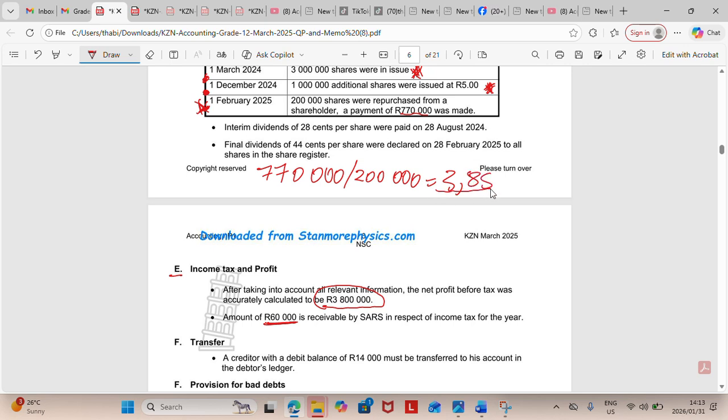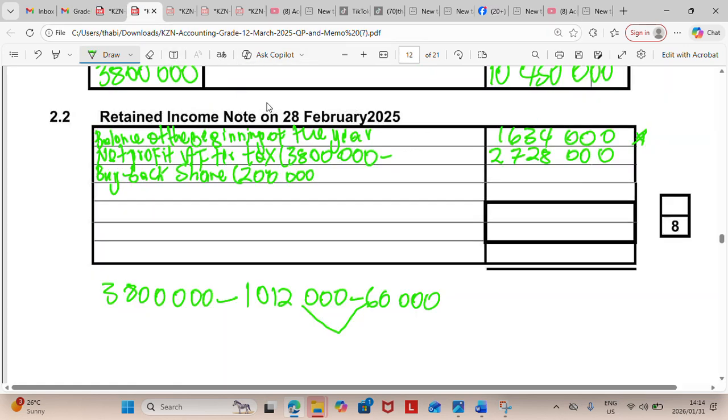So it means now we bought these shares at a price above the average issue price. The average issue price is 2 rands and 75 cents. So that portion, the difference, which is above the average issue price, must be taken away from our retained income note. So we go and find the difference.